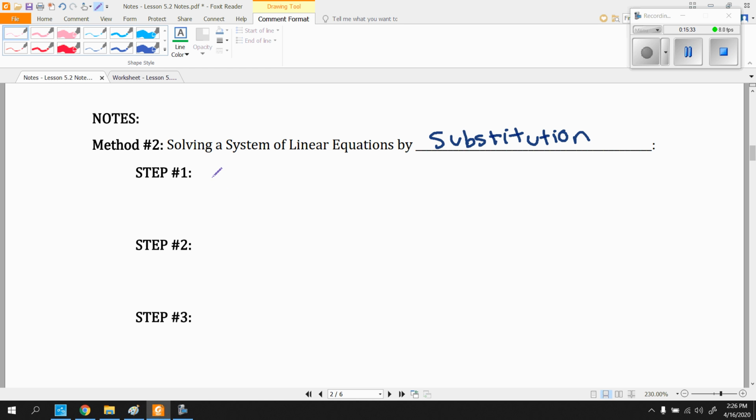So the first step, we've used this phrase in the past, is to isolate one variable, okay? Which basically we were just doing. In other words, we get one variable by itself.